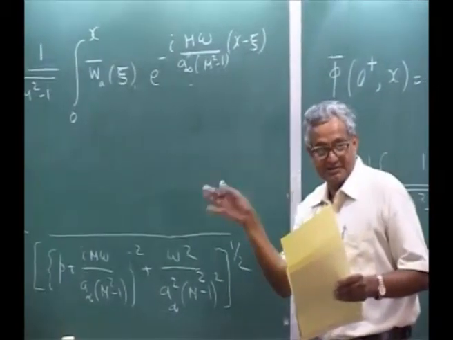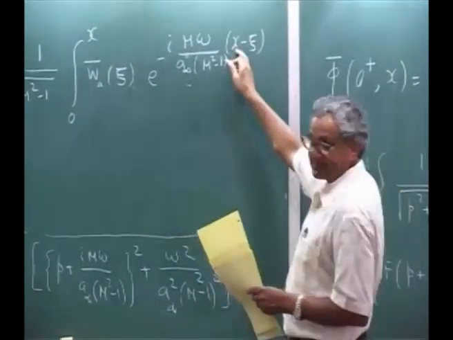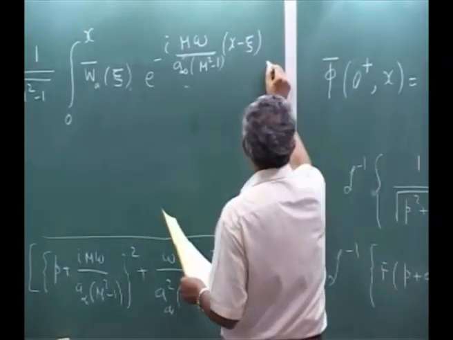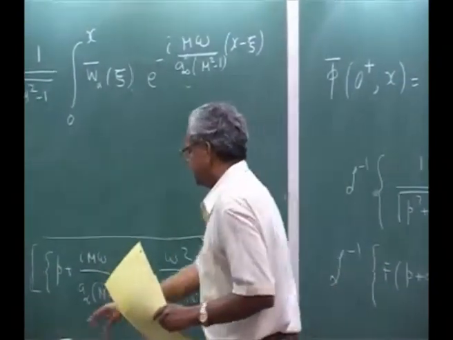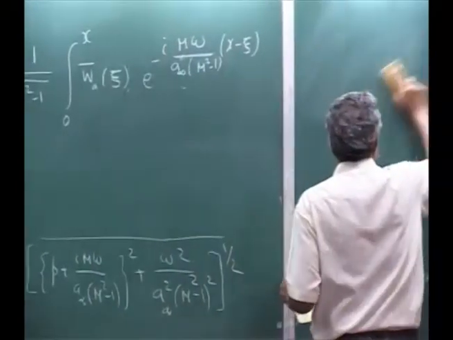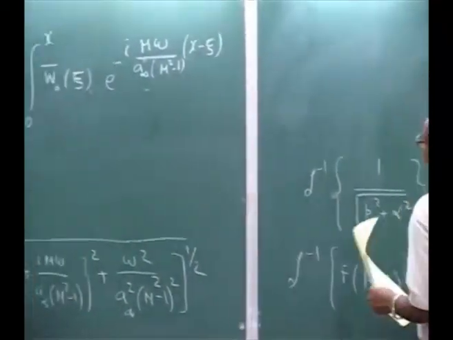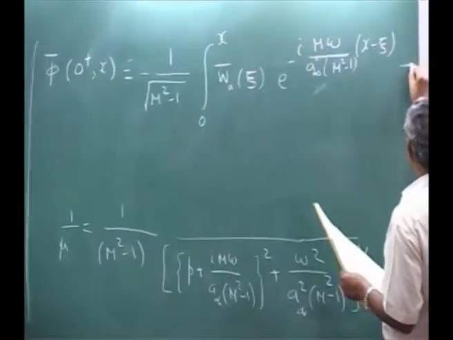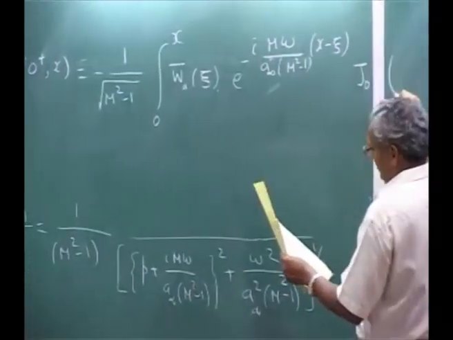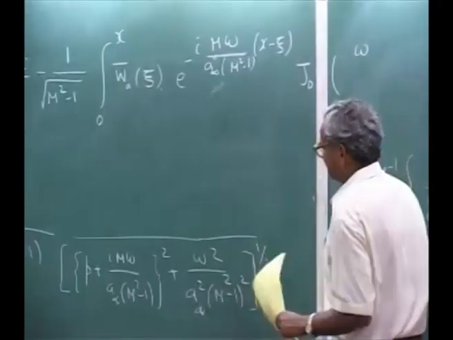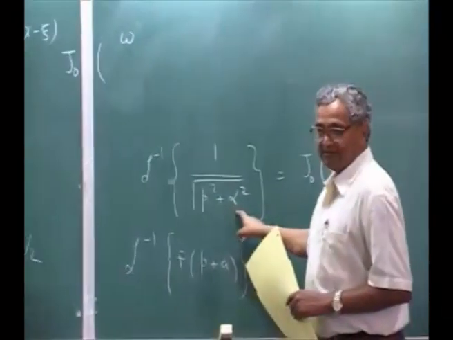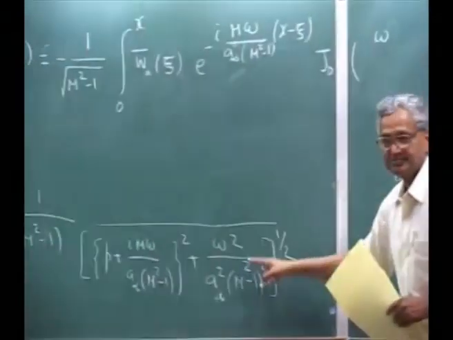Convolution is t minus tau, so this x will become x minus xi, into J naught. Maybe I erase this part, because this entire term is the exponential, into J0 of alpha x, alpha is this term.